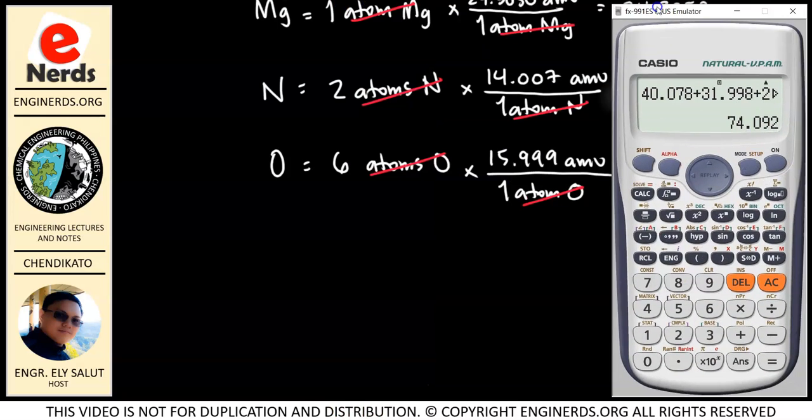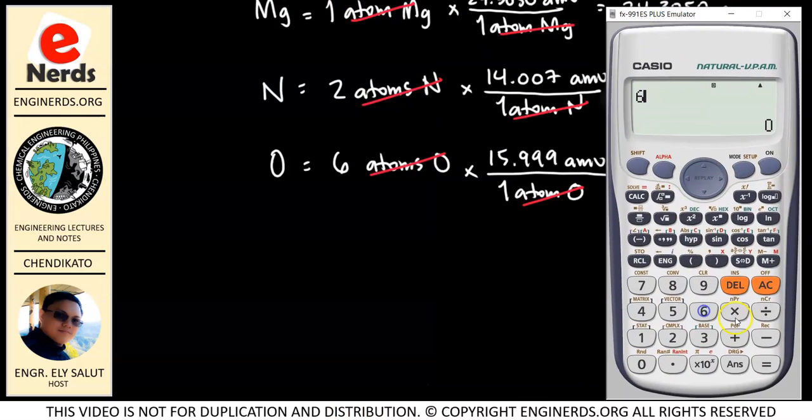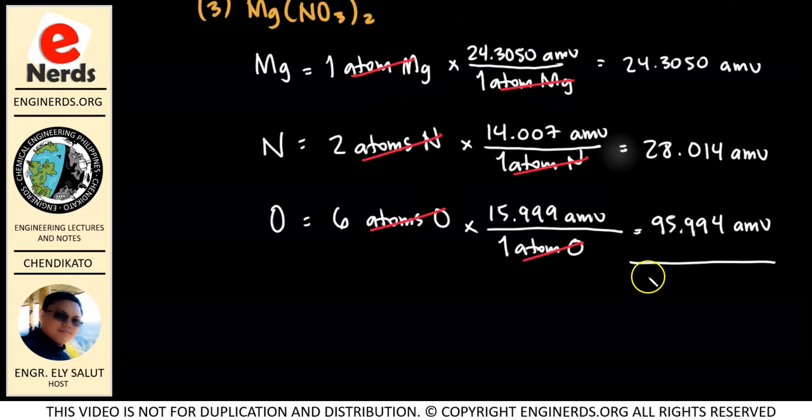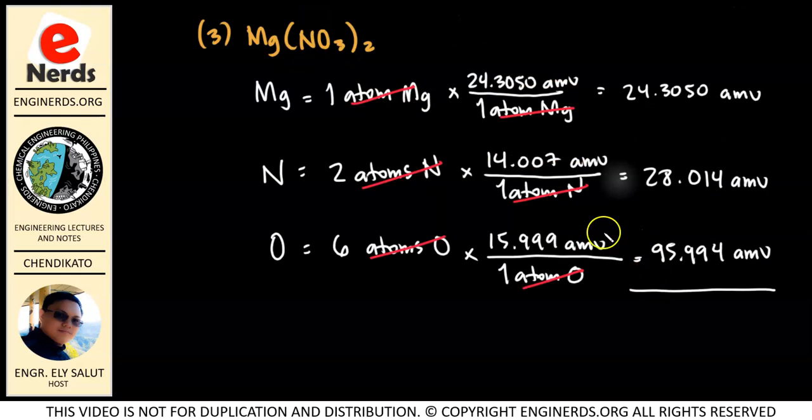Let's use our calculator. So, 6 times 15.999 will be equal to 95.994 atomic mass unit.